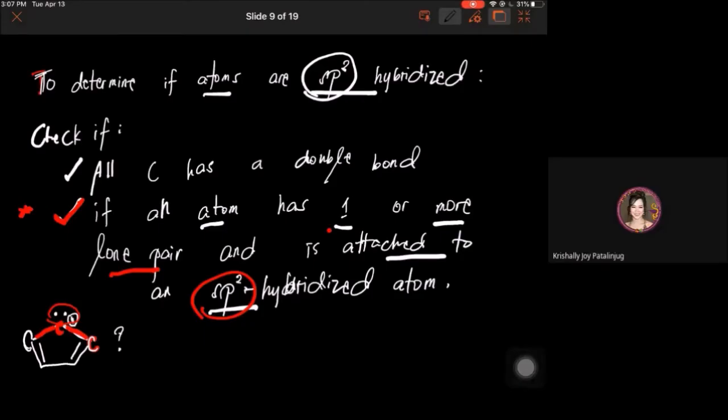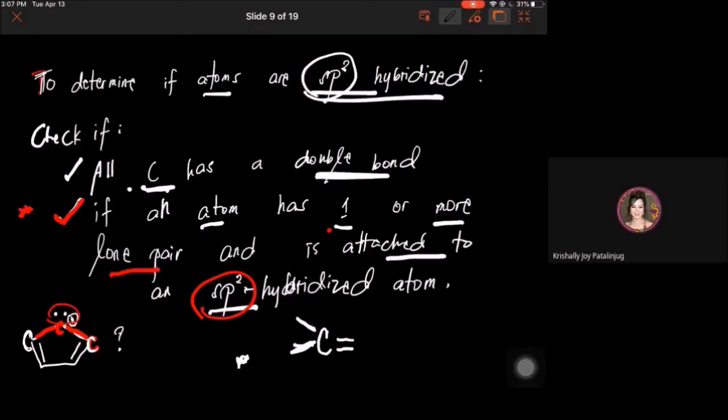Our indicator for sp2 hybridized, let me share the technique: if it carries one double bond, that is sp2 hybridized. If a carbon has a double bond, it is sp2 hybridized.